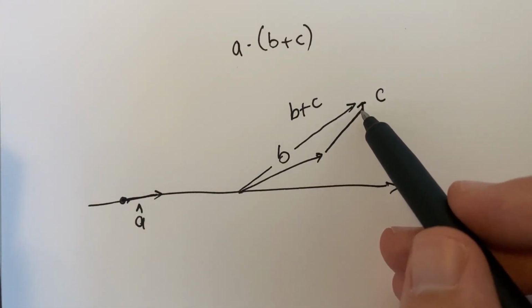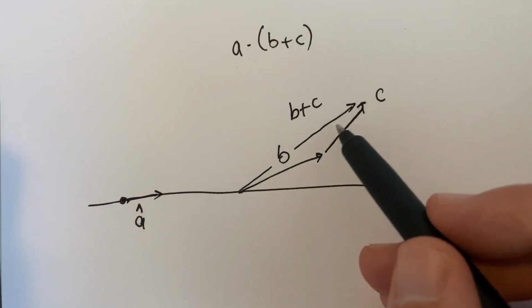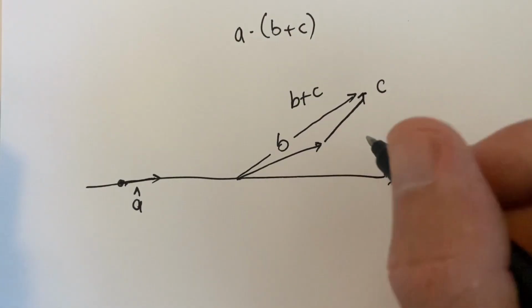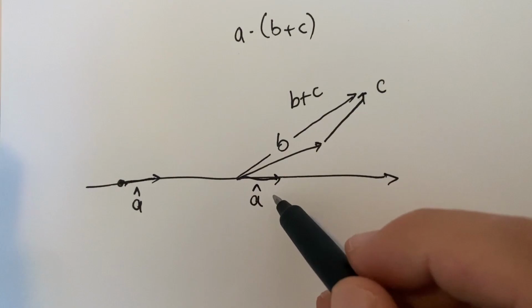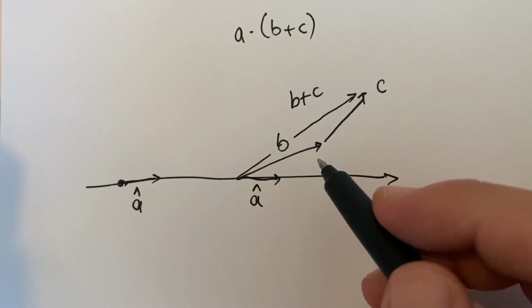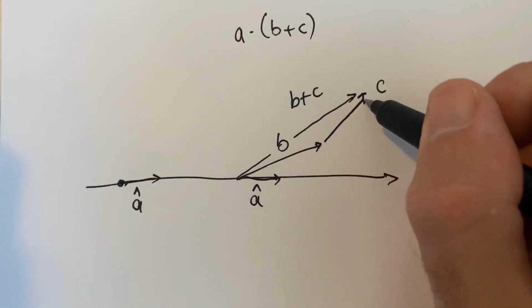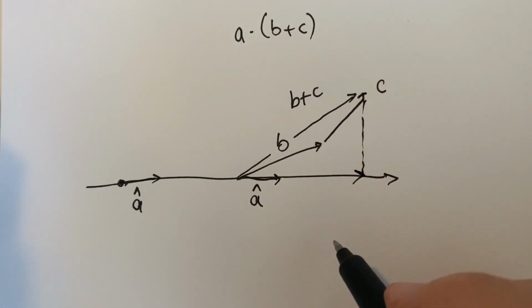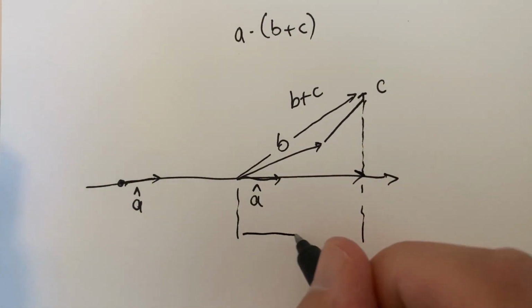You just connect the start and the end of this one geometry wise, and whatever this line is, that's their sum. So what happens geometrically? If you have this a as the unit vector down here, and you want to project this sum over here, it would look like this, and it would be here. So I can extract it like this.